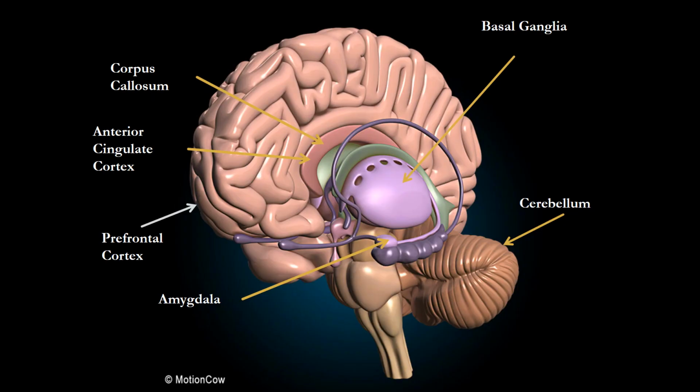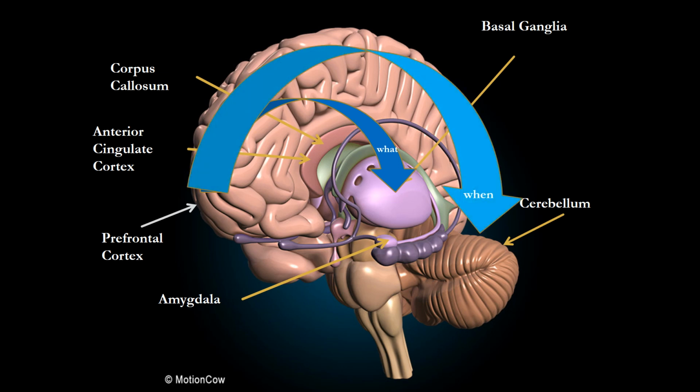So let's take a look at how these networks progress and how they work. We have the what network, governed by the prefrontal cortex. That also involves the basal ganglia and decision making. We have the when network, involving the cerebellum and the prefrontal cortex, the anterior cingulate cortex, all of these.